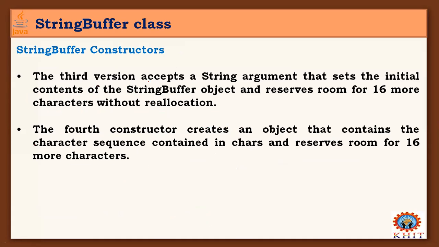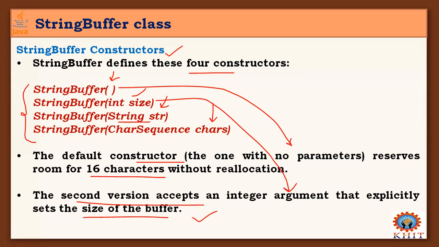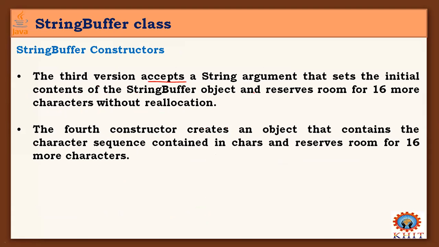The third version takes a string argument that sets the initial contents of the StringBuffer object and reserves room for 16 more characters without reallocation. So when we create an object of the StringBuffer class with an initial string value, that initial content plus 16 more characters can be allocated.